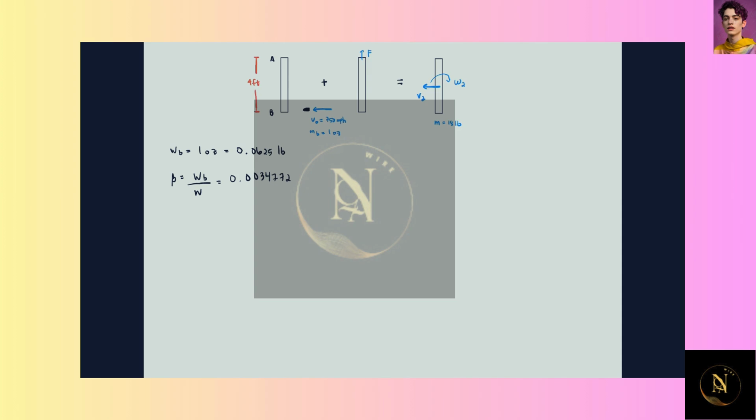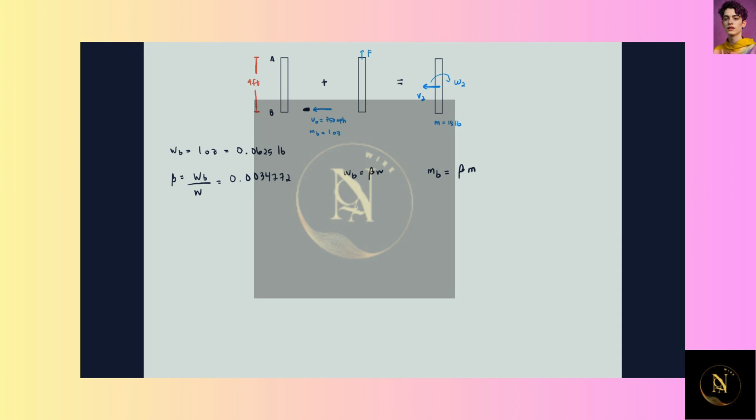Hence we can express the weight of the bullet in terms of the ratio, the mass ratio times the weight of the beam. So the mass of the bullet is equal to the ratio times the mass of the beam.